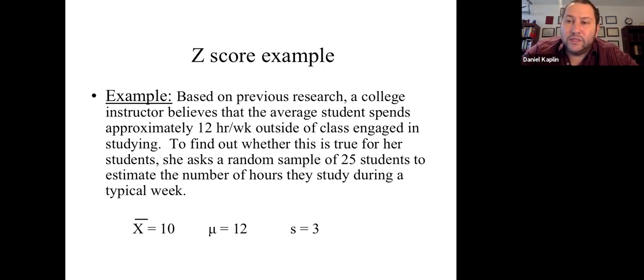So mu, which is the average population studying, is 12, but x bar, in her case, her students are only studying 10, with a sample standard deviation of 3. The question is whether or not these students are studying significantly less than the population.